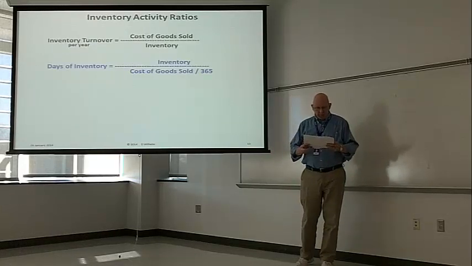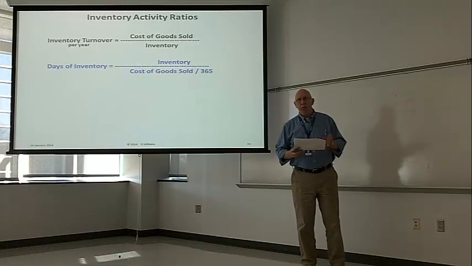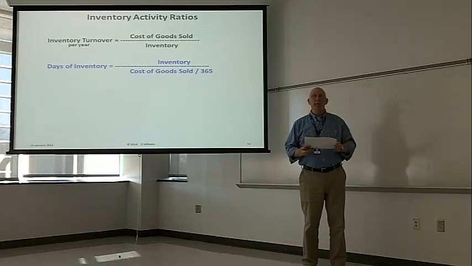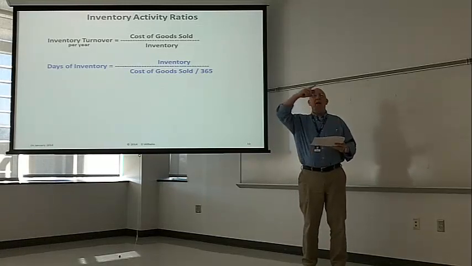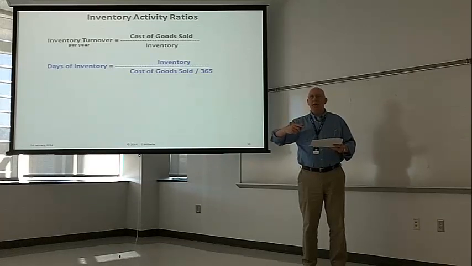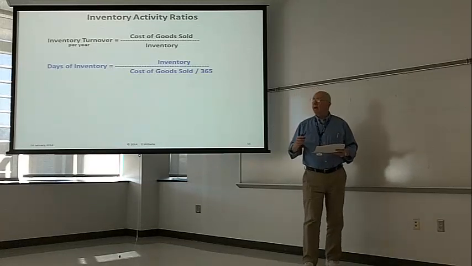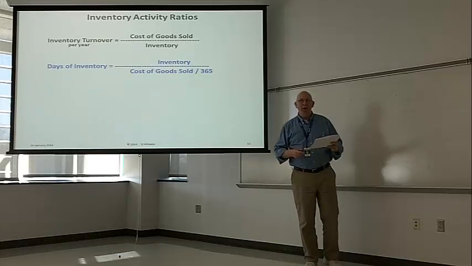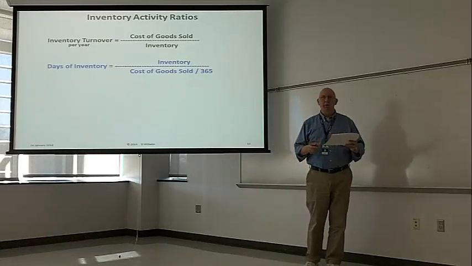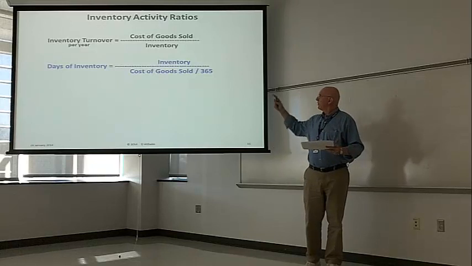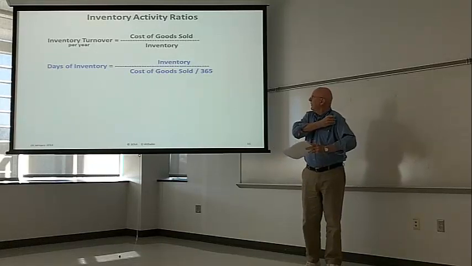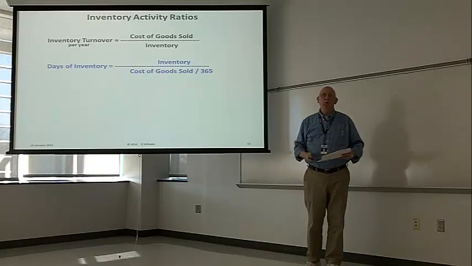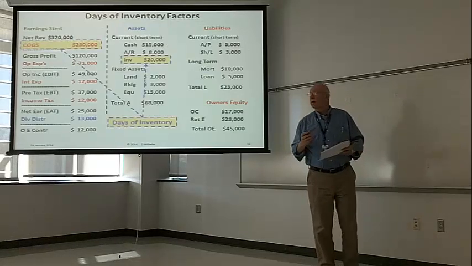Activity ratios. A couple inventory activity ratios are inventory turnover, how many times the inventory turns over in a year. I find the days of inventory a little more intuitive to understand, and that's just inventory divided by the cost of goods sold per day.